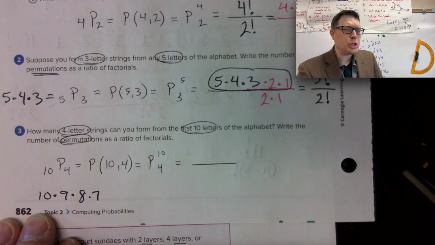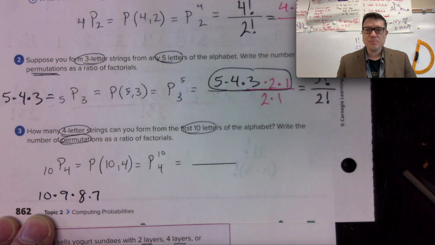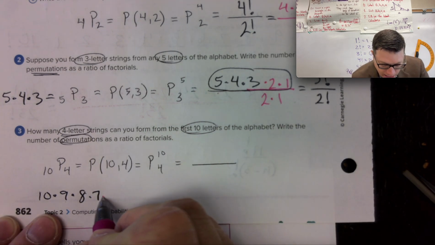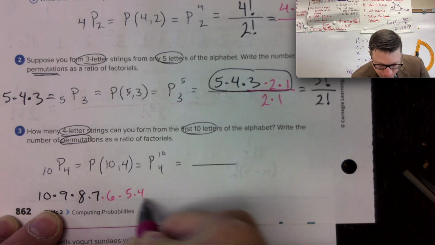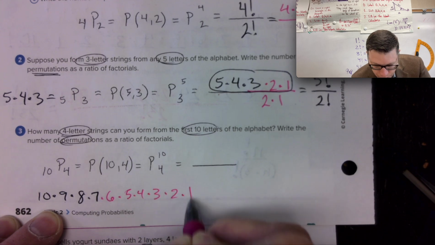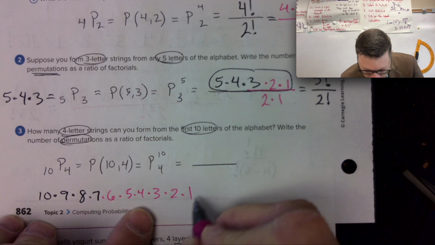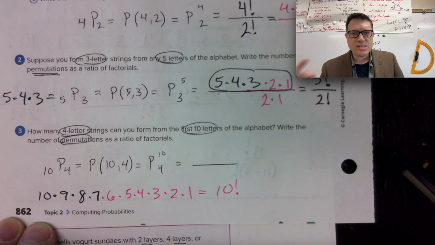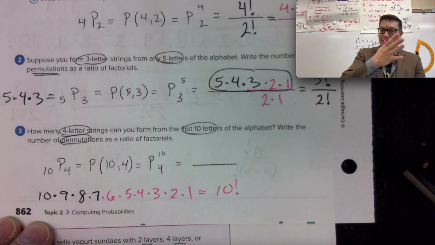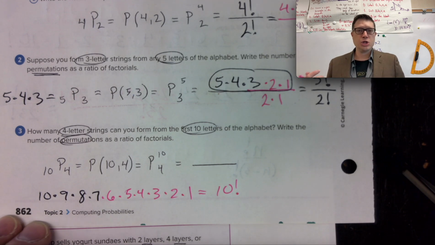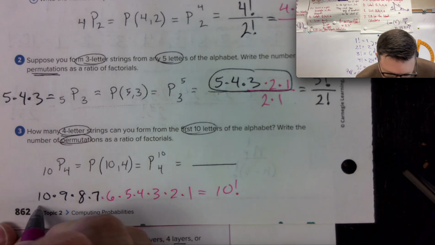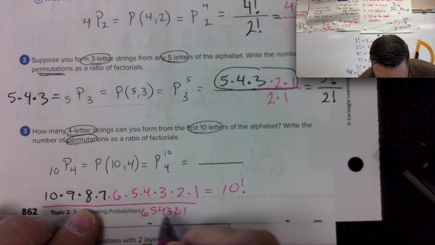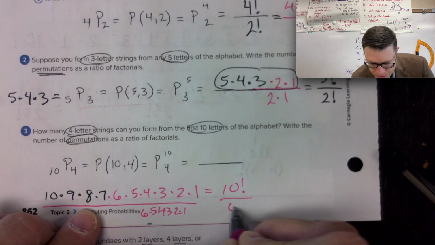But to write this into a ratio of factorials, which will actually help us with the formula for permutations, I need 6, 5, 4, 3, 2, and 1 to make this become 10 factorial. But if I'm going to add 6, 5, 4, 3, 2, 1 to the end of the 10 string, then I have to also divide by 6, 5, 4, 3, 2, 1 on the bottom, which is 6 factorial.